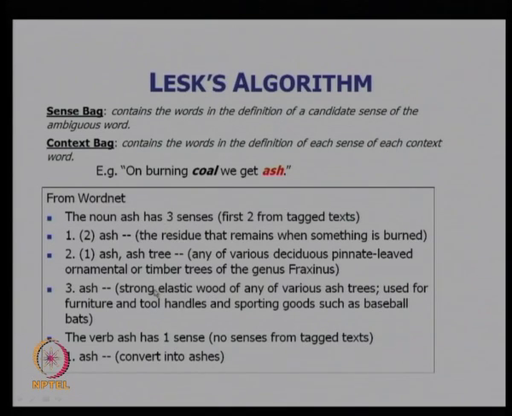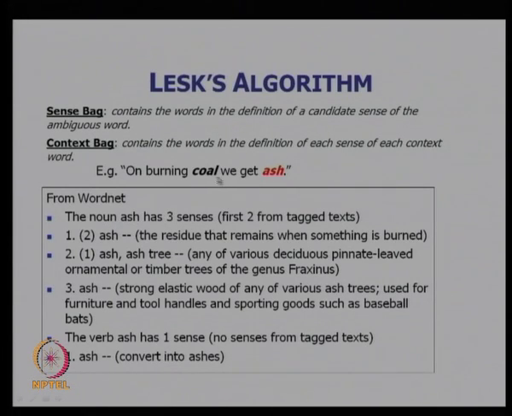So, we have to find out from the context which sense applies in this particular case. The first sense is the residue sense obtained after burning, second sense is the tree sense, third sense is the wood sense. When we read the sentence once again, on burning coal we get ash, we find that it is the first sense which is applicable.